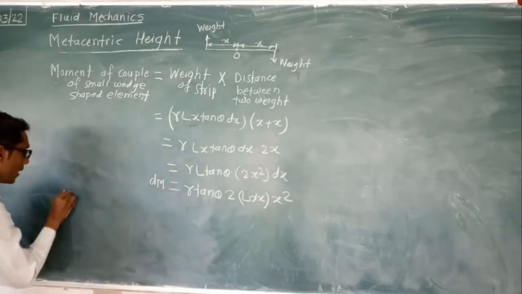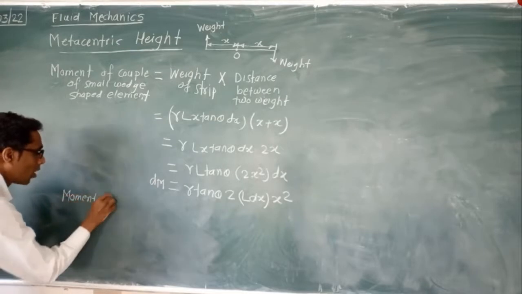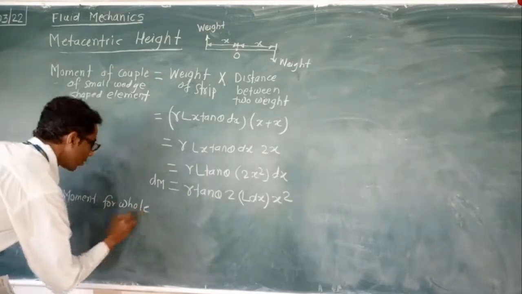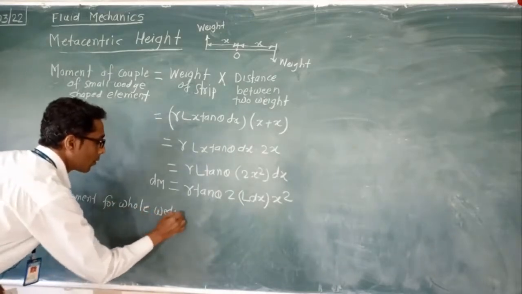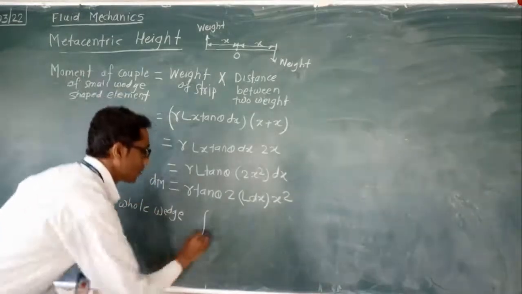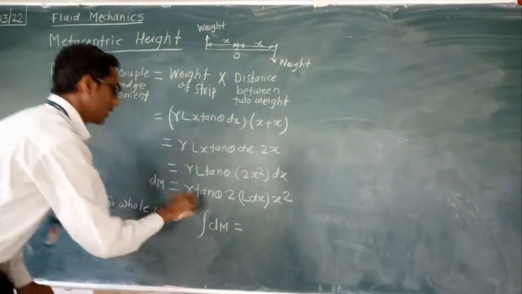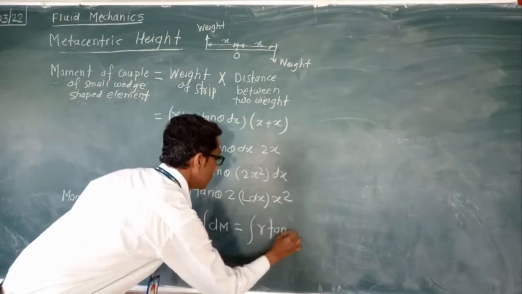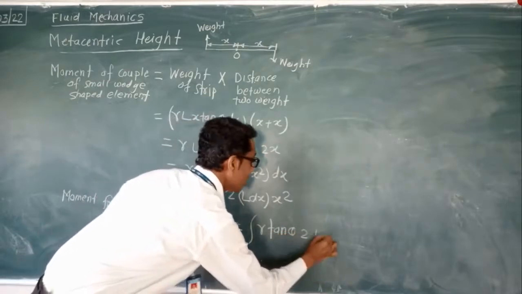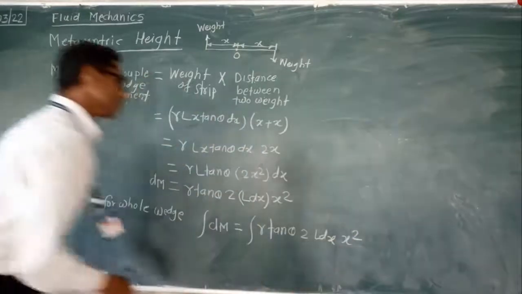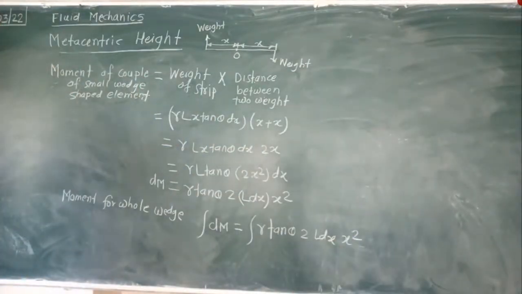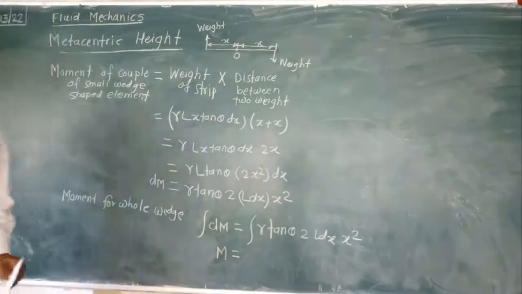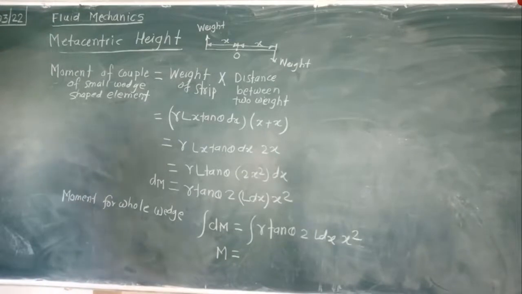Okay, so moment of couple. Next, moment for the whole wedge, how to write? Taking integration of both sides. So integration of dM is equal to integration of gamma tan theta 2 L dx x square. In this way we have written. Okay, now integration of dM is capital M. Write down with me, take notes.